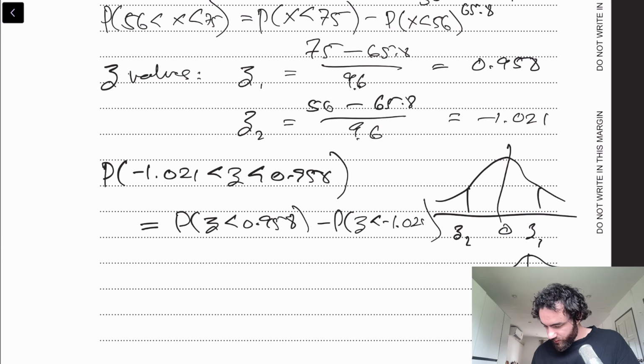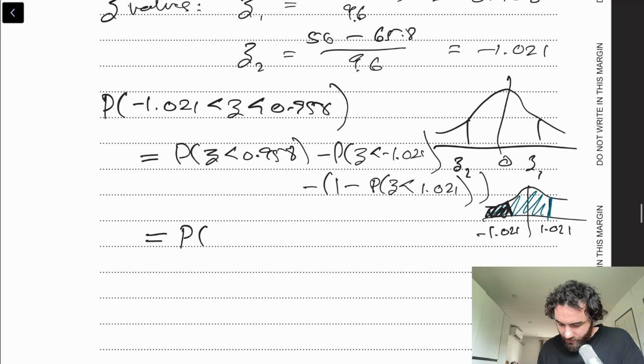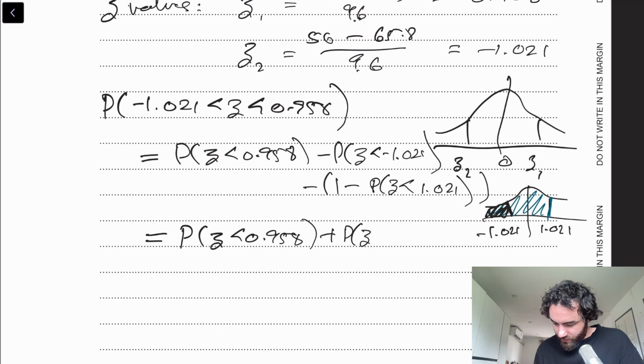So this area is equal to 1 minus the probability that z is less than 1.021. So really we want the probability that z is less than 0.958 plus the probability that z is less than 1.021, minus 1.